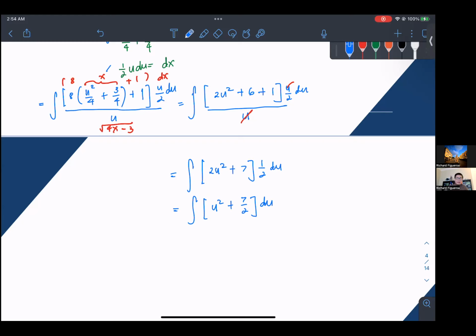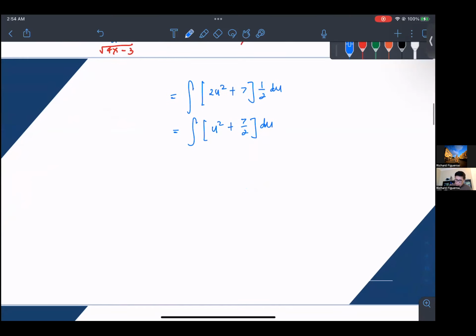Okay, so after the substitution approach that we did, we can integrate this one. So right away, the integral of u squared is u cubed all over 3, and then plus, of course, 7 all over 2 u plus c. But then remember this u again. u is the square root of 4x minus 3.